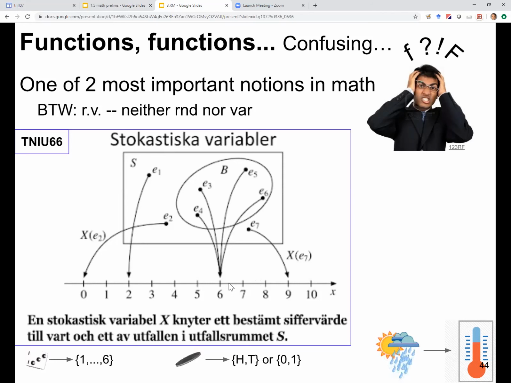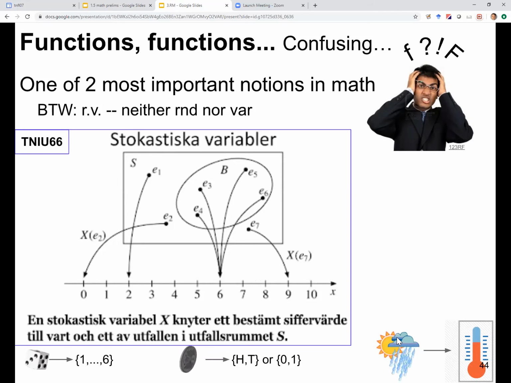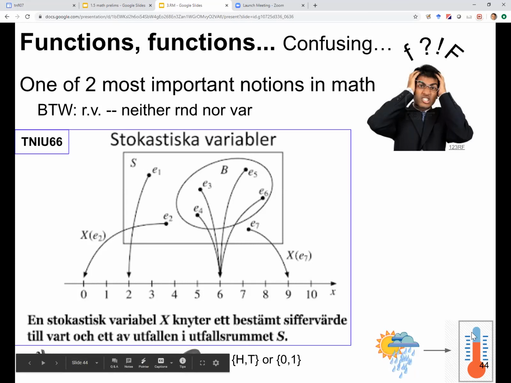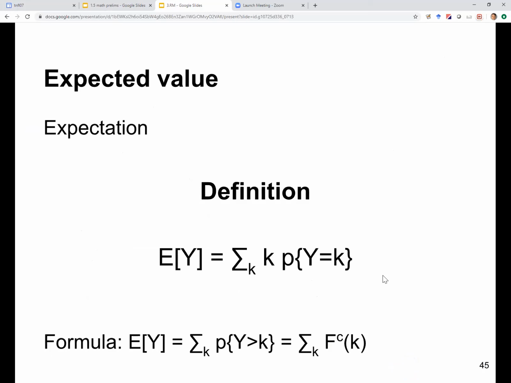I mean, you could have a random variable that appears from tossing a coin, and then it becomes heads or tails. There could be other random variables, a lot of random things can happen in nature, and then you can have a random variable which represents the temperature or anything else. But in general, a random variable is really a function from the state space or event space to, for instance, numbers. So that's one reason why we have so many functions.